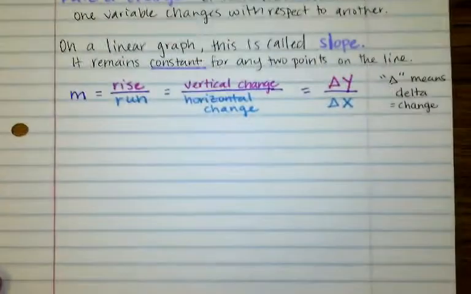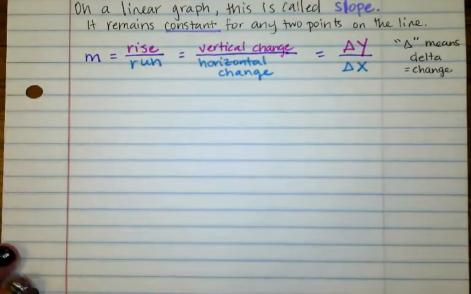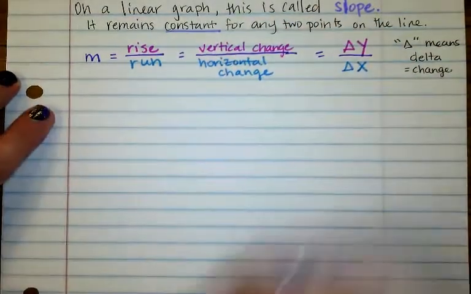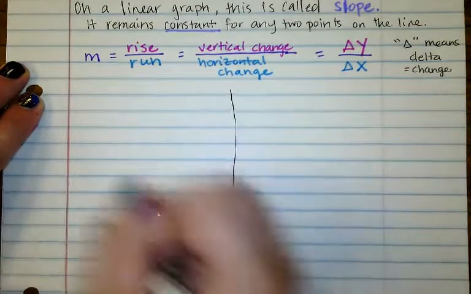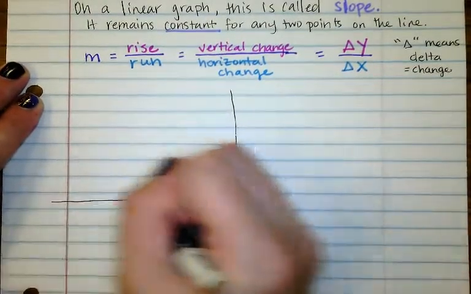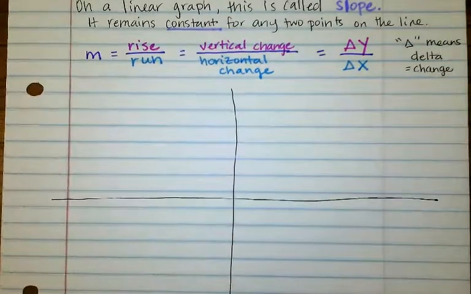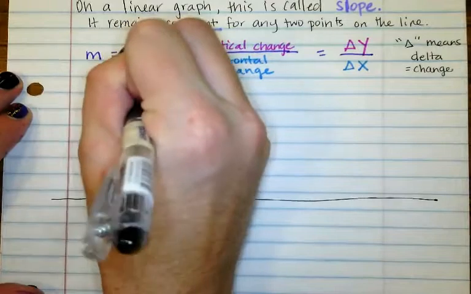And there are 4 different types of slope that we are going to discuss. So on the bottom of your page, if you would like to divide it into 4 sections, you can. Okay? And we are going to talk about a positive slope.